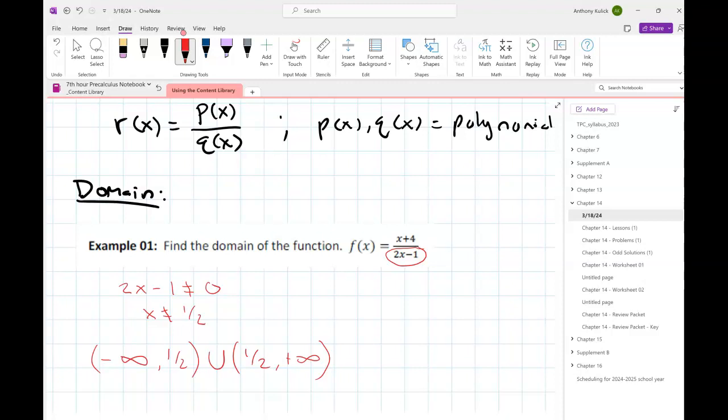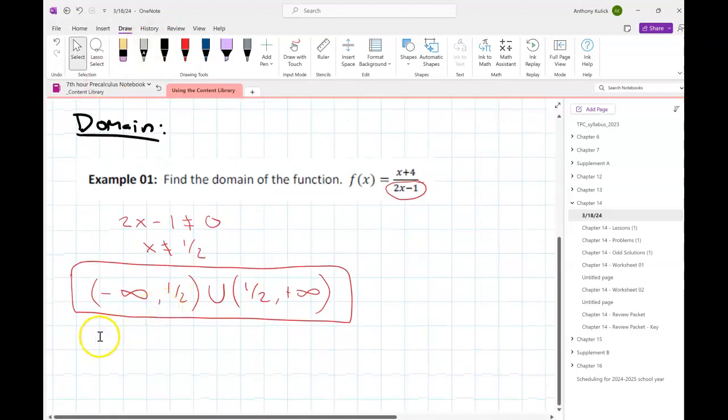So this interval that I wrote here contains all the real numbers except for 1/2. Everybody's cool? Hopefully we kind of remember doing this. Let's try another.